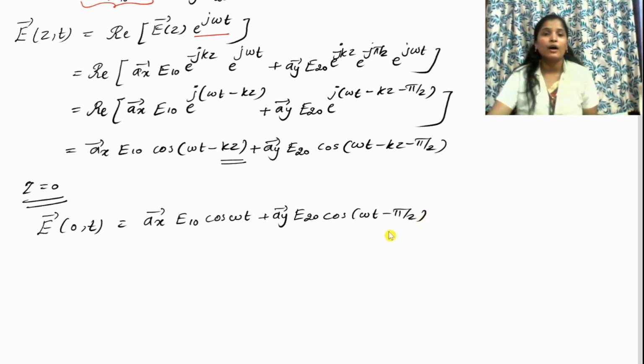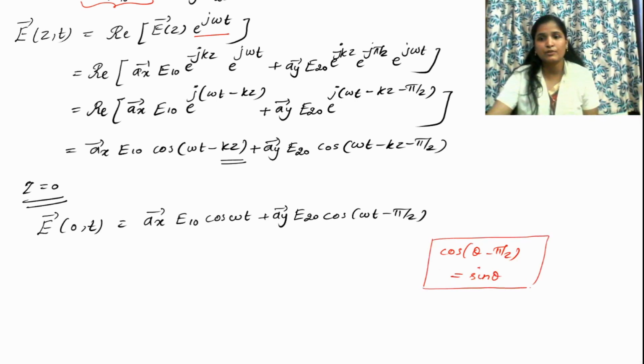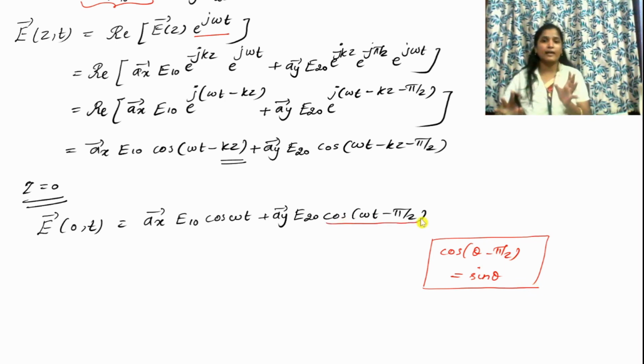By using a trigonometric relationship, we know cos(theta minus pi by 2) is equal to sin theta. So instead of writing this term, we can simply write it as sin omega t.